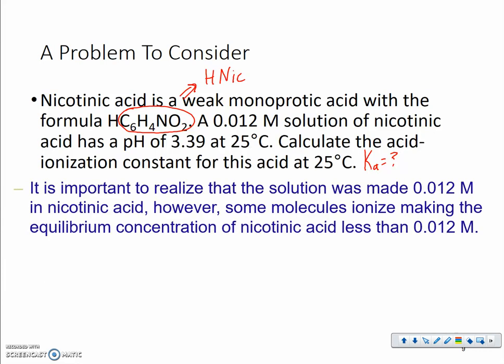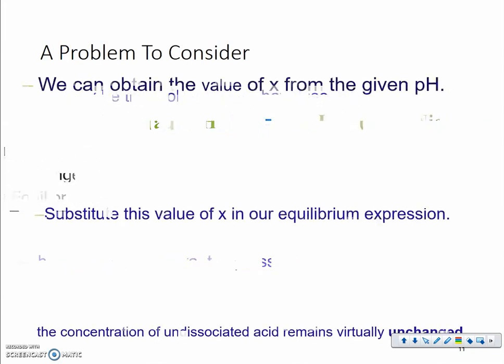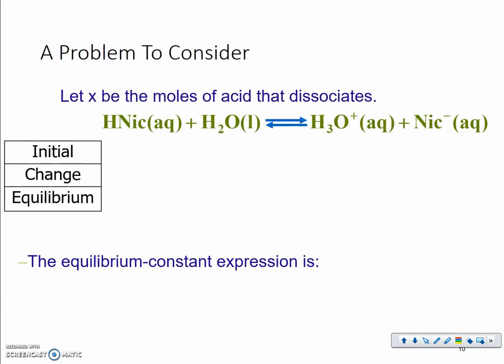Now, even though we started with a certain concentration, only a few of them actually ionize, and that's what the pH is measuring. So we don't actually know how much of the nicotinic acid we have left whole versus how much we have ionized. So we can abbreviate this reaction like this. HNiC is our nicotinic acid plus water, turns into a hydronium ion, and this is my conjugate base, A minus.